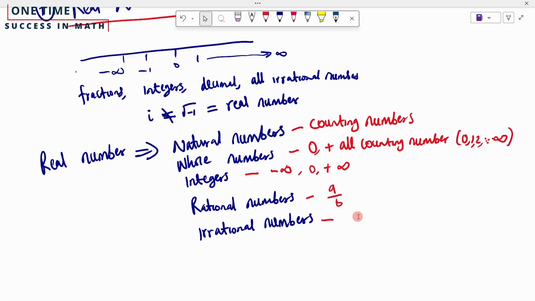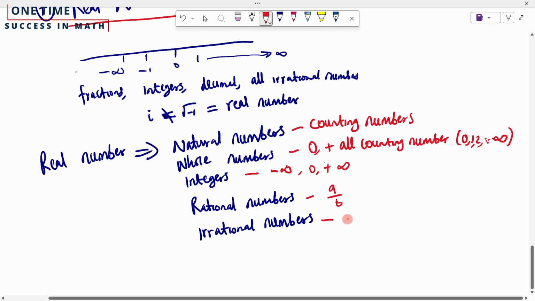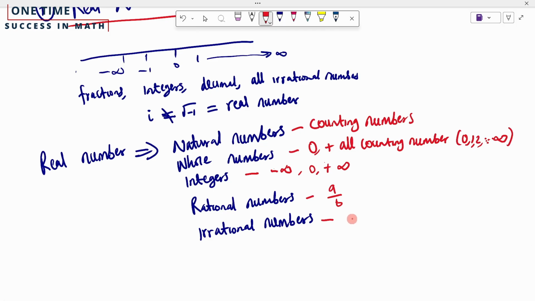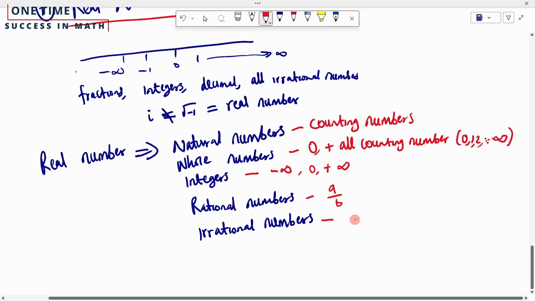Irrational numbers, we said that irrational numbers are numbers that cannot be expressed as simple fractions of two integers, where the denominator is not equal to 0. In decimal form, they are non-terminating, they can never end, and they are non-repeating.